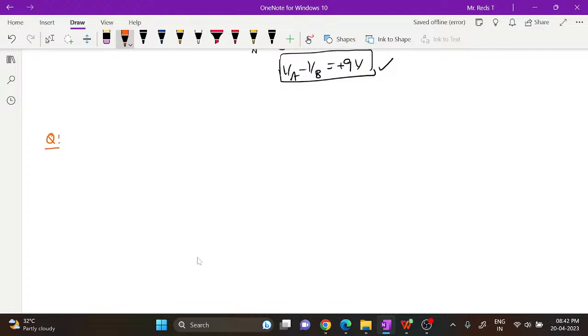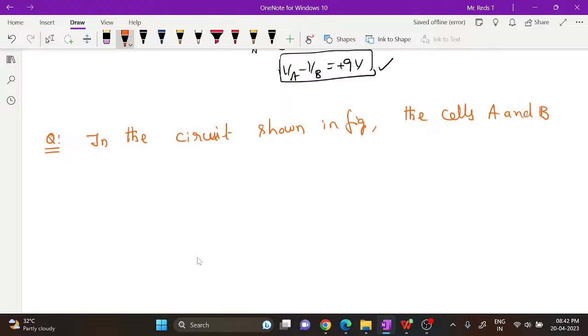You can note down this question. In the circuit shown in the figure, the cells A and B have negligible resistances.